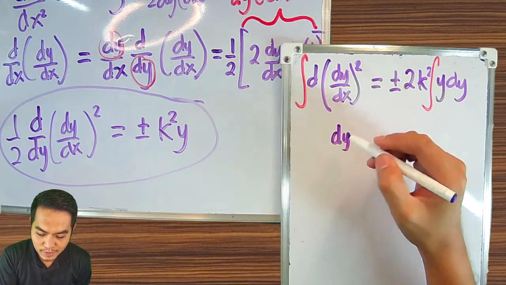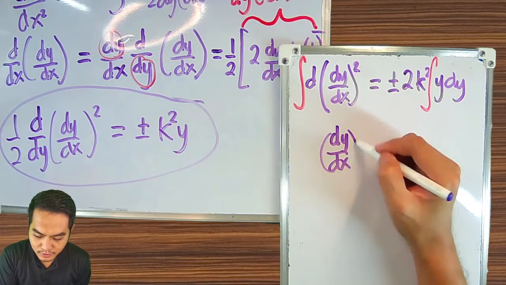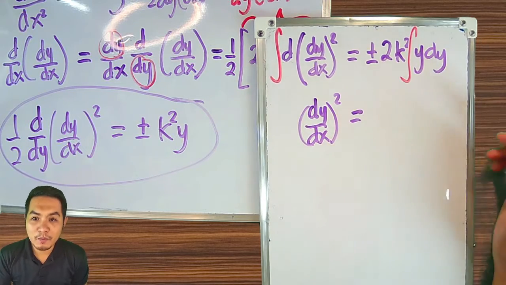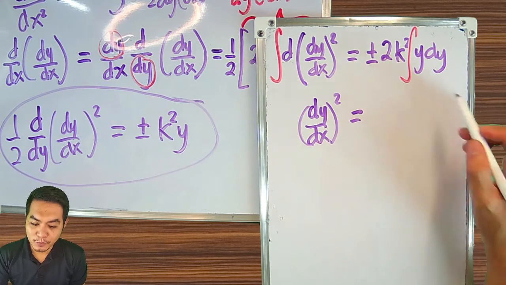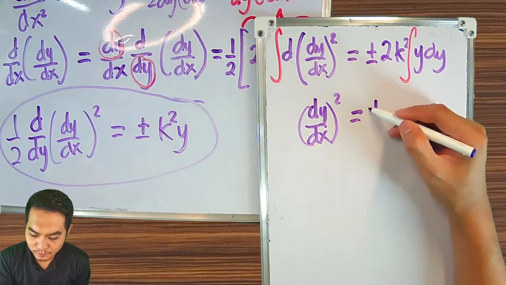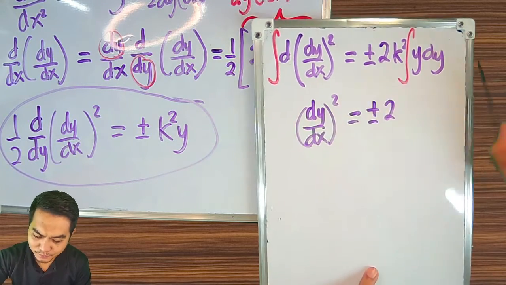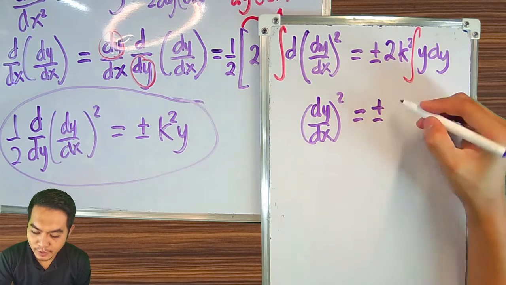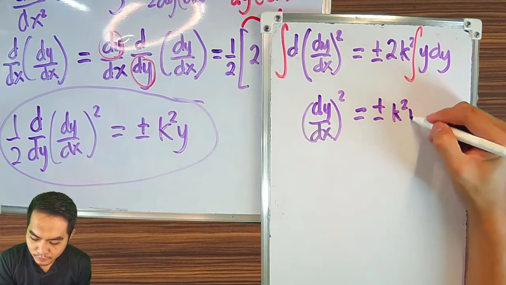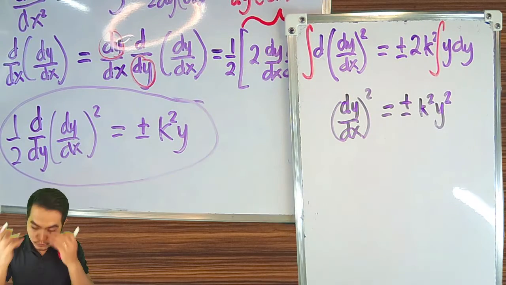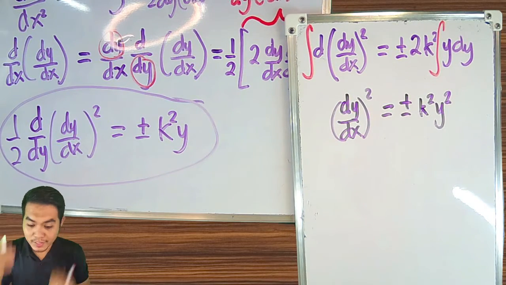So you will be left with dy dx squared, and the integral of y dy is y squared over 2. There's a 2 here, so they cancel out. So you're left with k squared y squared. Okay, so these are all squared, so we take the square root.